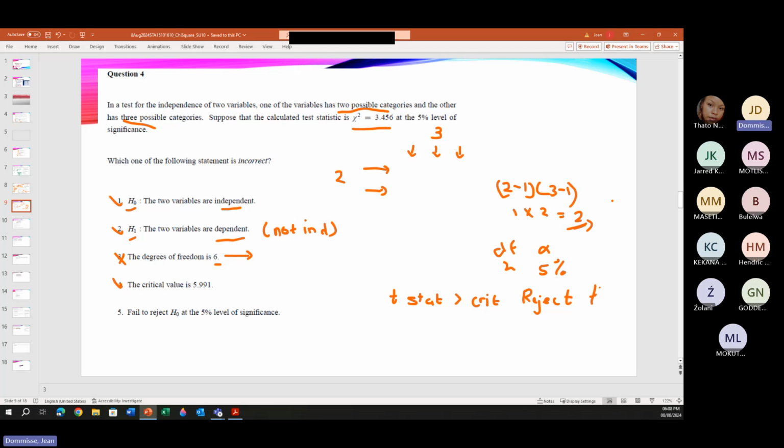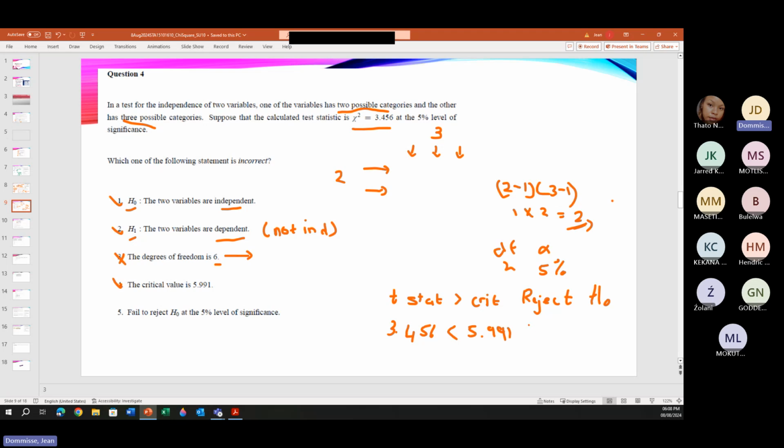So let's check. T-stat is 3.456. Critical is 5.991. So T-stat is not bigger than critical. T-stat is actually smaller. 3.456 is smaller than 5.991.